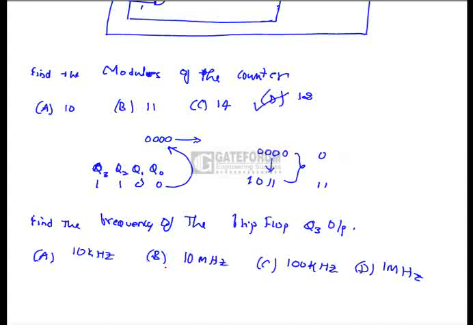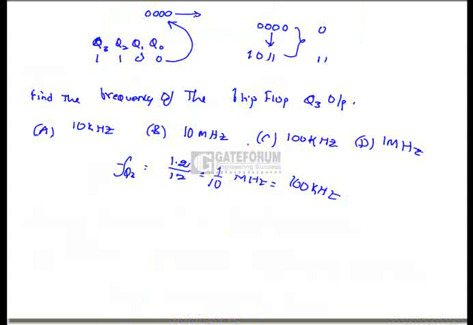Find the frequency of the flip-flop at the Q3 output. That is, f of Q3 equals 1.2 divided by 12, which equals 1 by 10 megahertz, which is 100 kilohertz. That is, option C is correct.